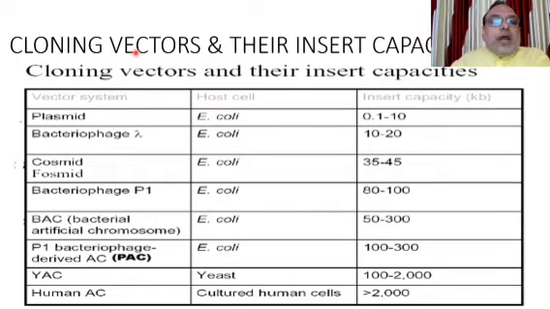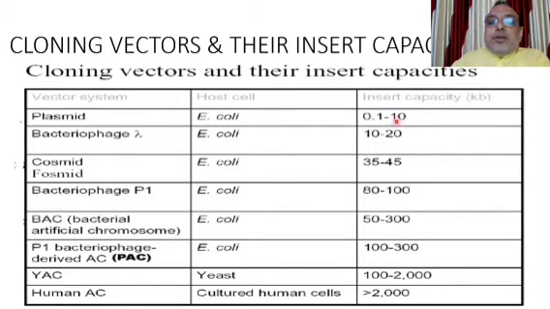So here is a slide of academic interest, showing vector system, host cell, and insertion capacity. That is, utilizing plasmid as a vector, how long a stretch of DNA can be propagated.